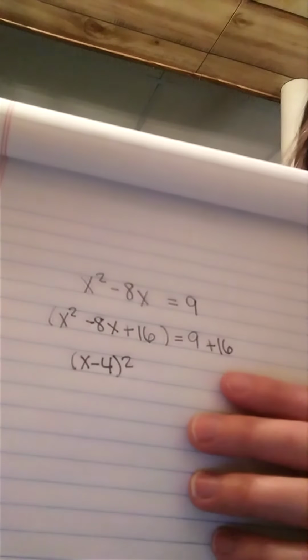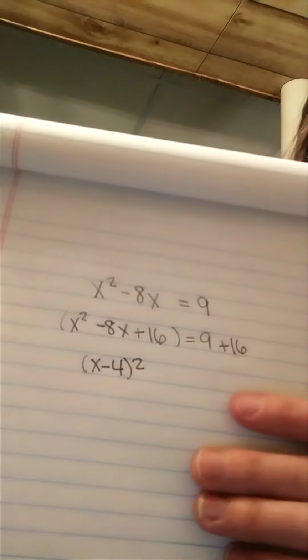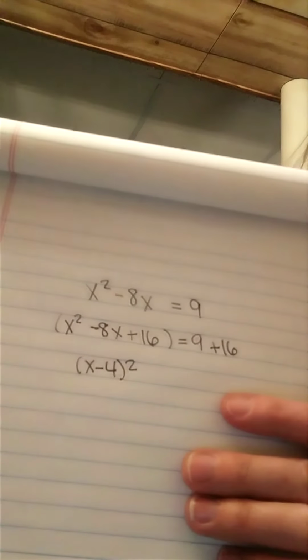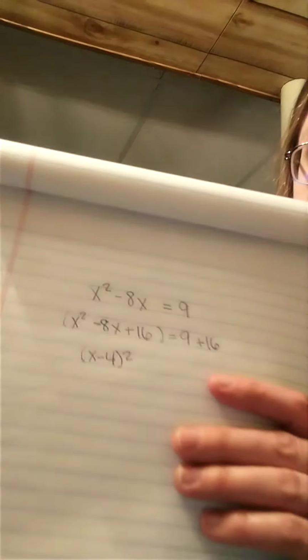So the factors, when I go to factor it, would be x minus 4 and x minus 4. Since I have two binomials that are exactly the same, I can write it as the quantity x minus 4 squared. So that's how I'm going to factor the trinomial. And then on the other side, I'm going to combine the 9 and the 16. 9 plus 16 is 25.